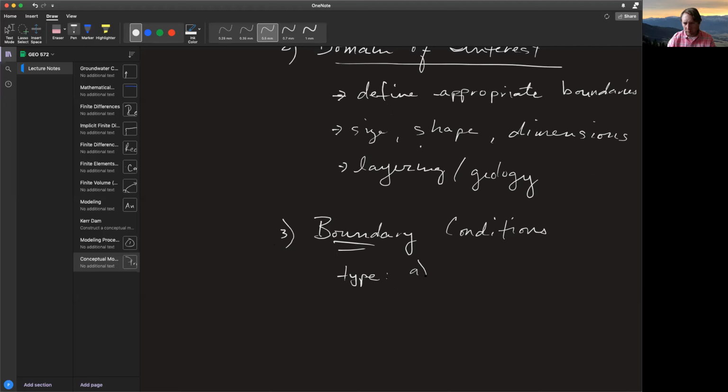Specified value: here, head might be specified as a function of location and time along some boundary.